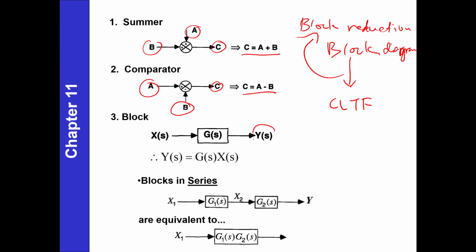So Y equal to G times X. And then if we have blocks in series like this, the Y is equivalent to this one. So these two block diagrams can be simplified into this. Still a multiply operation.